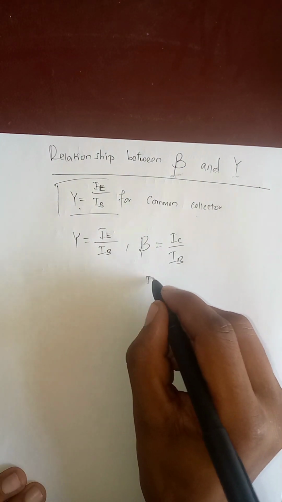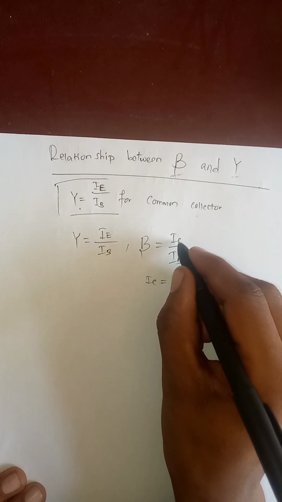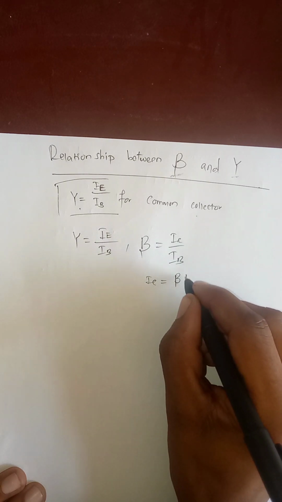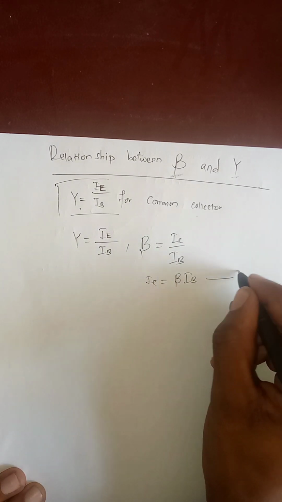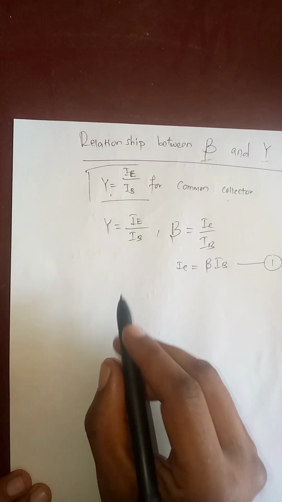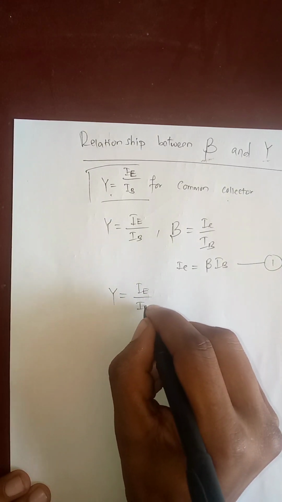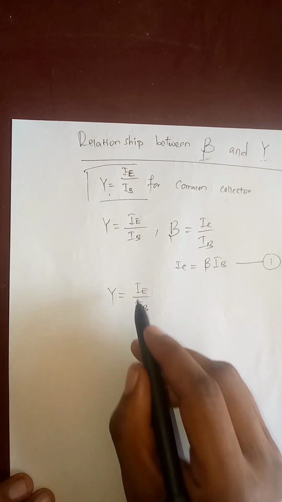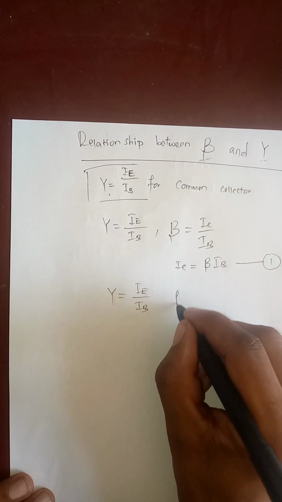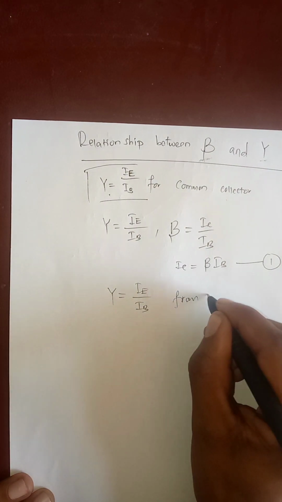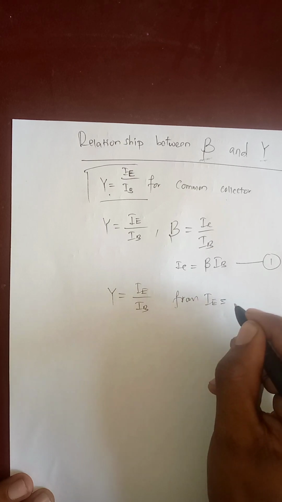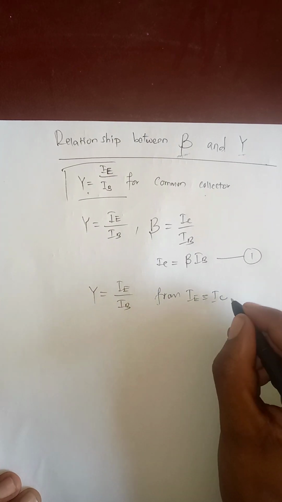So IC is equal to beta IB. This is equation 1. Now refer to this one. Gamma is equal to IE over I base. But we know also from Kirchhoff, IE is equal to IC plus I base.